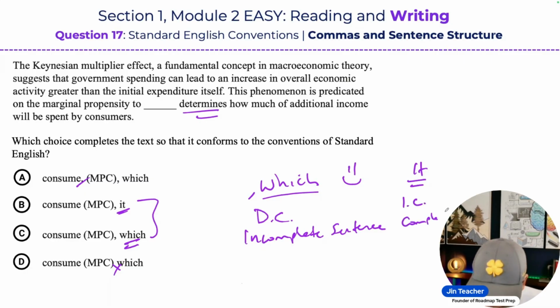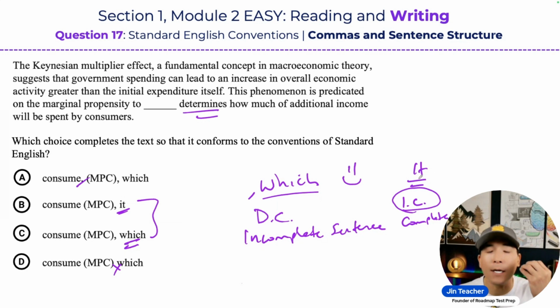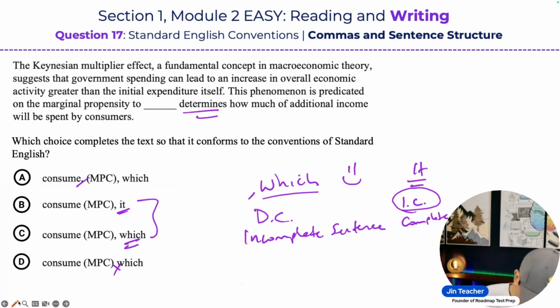An independent clause is a complete sentence where we have a subject, it, and we have a verb, determines, and we have a complete thought, right? So which creates a dependent clause, an incomplete sentence, and it creates an independent clause, a complete sentence, right?